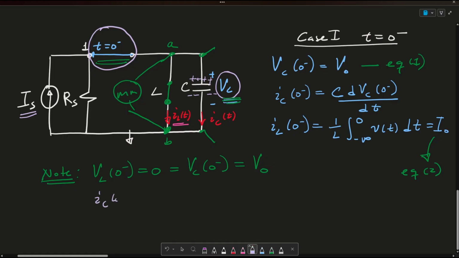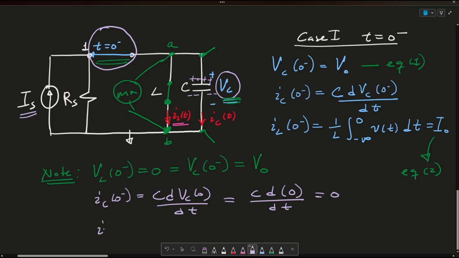Additionally, IC of 0 minus, which is equated to C dVC of 0 over dt, will simply be C times d of 0 over dt, which is equated to 0. And lastly, the current IL of 0 minus, in this case through my inductor, is going to be IS, right?